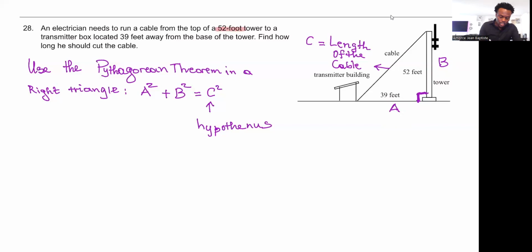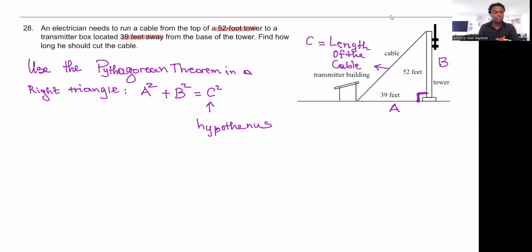First, it's a 52-foot tower, the top of the tower, where we're going to come from to have the cable to the ground, is 52 feet, and then 39 feet away from the base is the horizontal distance on the ground where the box will be placed.